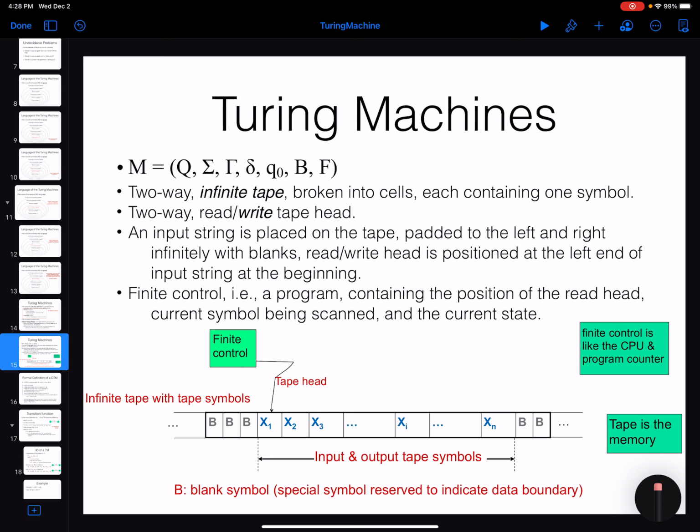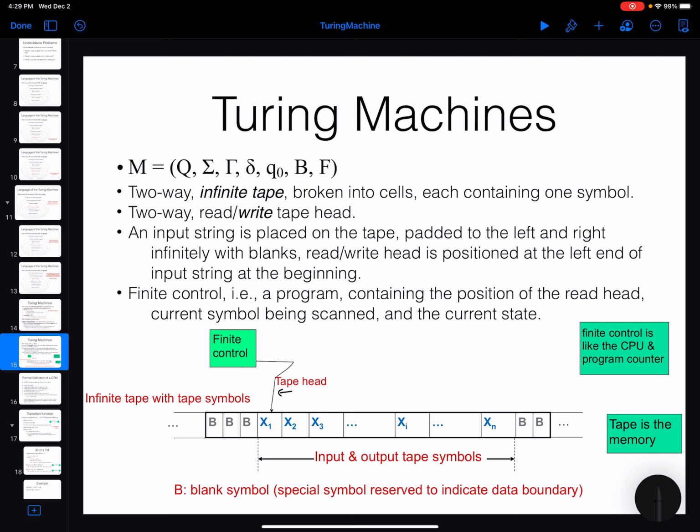So we are simplifying everything and assuming that the input is given over the same tape, and when you run the machine, the tape head is at the beginning, at the leftmost symbol of the input string.